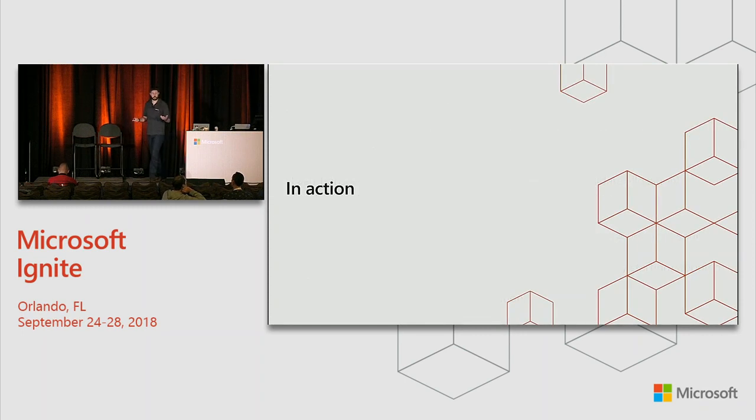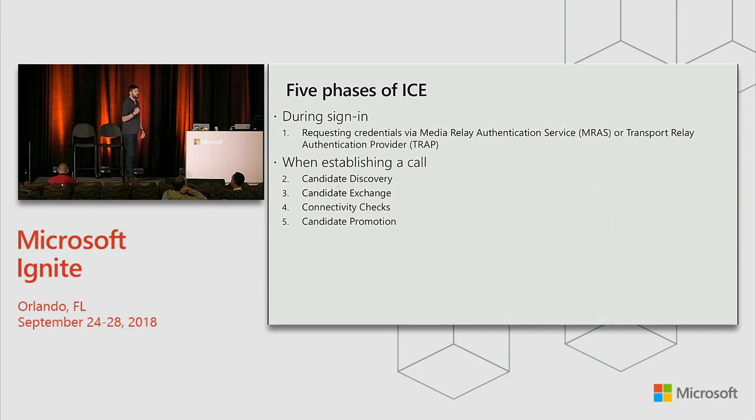So how does this look like in action? Looking at ICE, we've got 5 phases. The first one, when we sign in, we essentially request credentials. I'm going to show you the MRES, the Media Relay Authentication Service, the Transport Relay Authentication Provider.